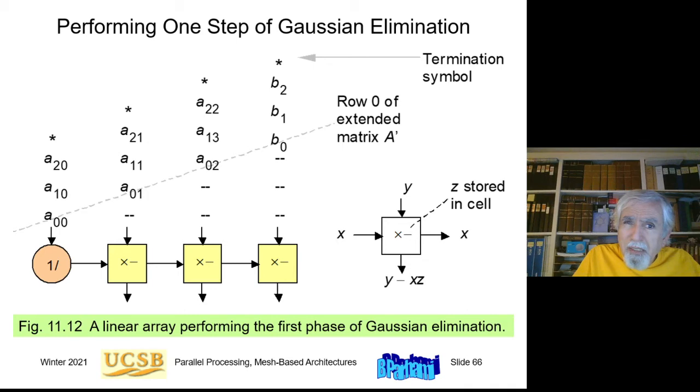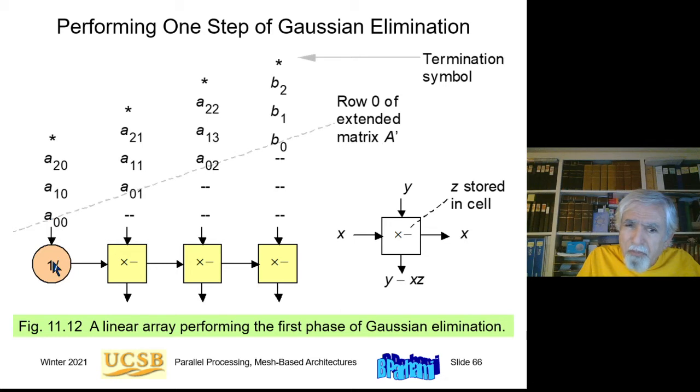This can be implemented using, this is basically one step of Gaussian elimination. The matrix comes in from above, the extended matrix. So this is the original coefficient matrix. This is the right-hand side for one set of equations. And then basically a value comes in, assuming that it's not 0.